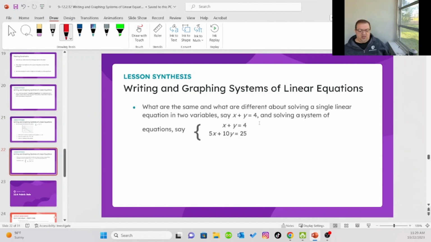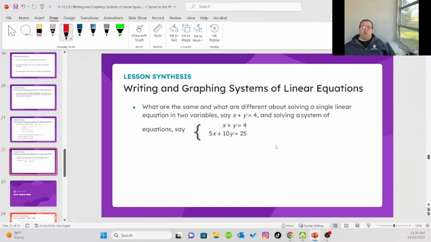What are the same and what are different about solving a single linear equation in two variables, such as x plus y equals 4, and solving a system of equations, such as this one given? What is the same is that when we are representing these, we represent these as straight lines. We're saying every single point on that line makes that one equation true.